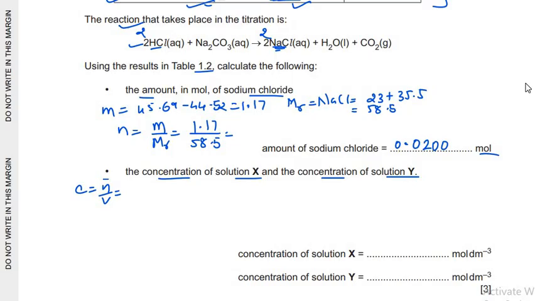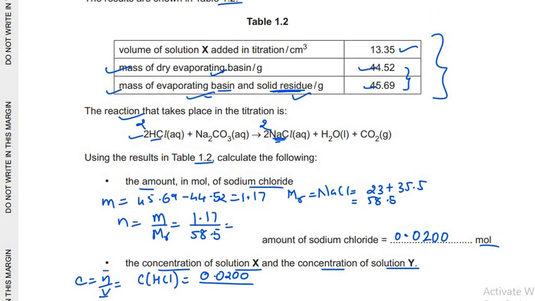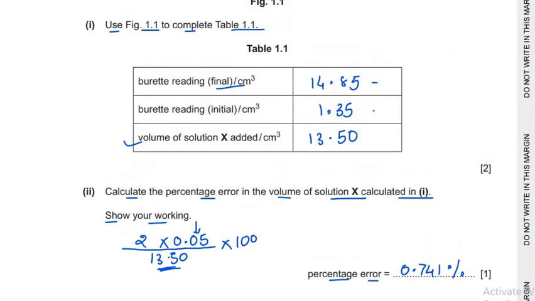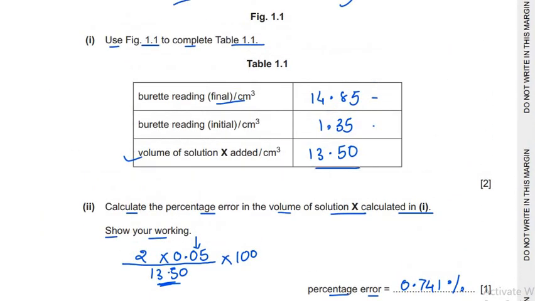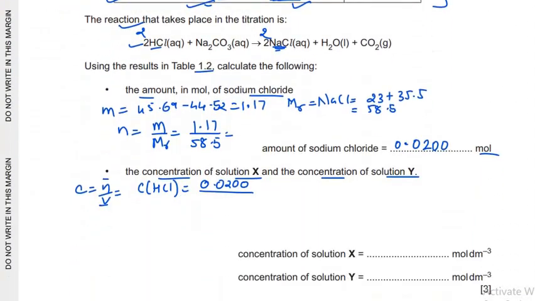So for the concentration of HCl, we have moles 0.0200 itself divided by the volume of HCl which we have used here. Now what's the volume of HCl? The volume of HCl is the titre volume which we have used here, and that is 13.50, because in the burette we had filled up HCl.